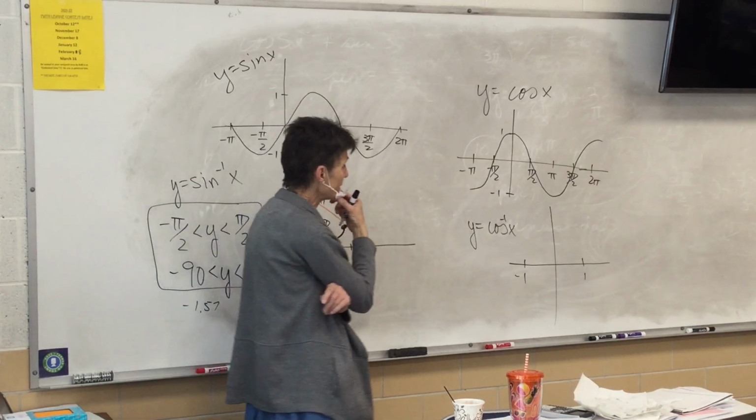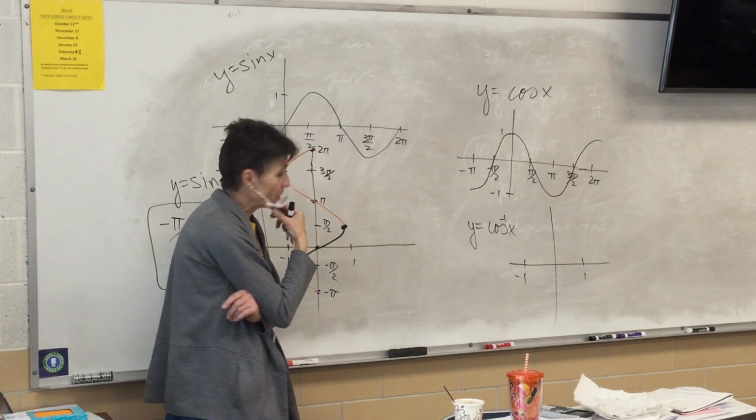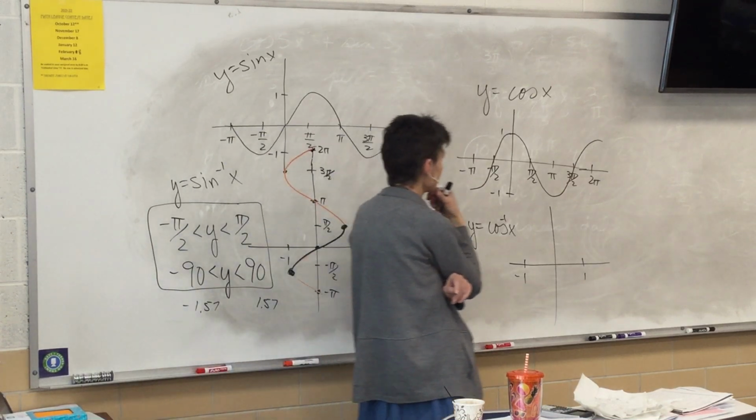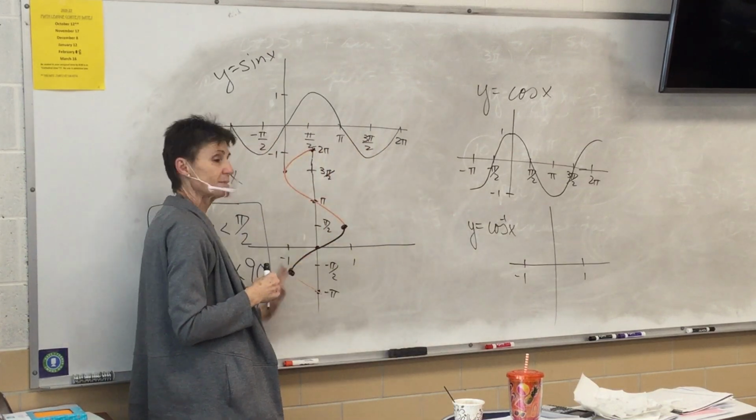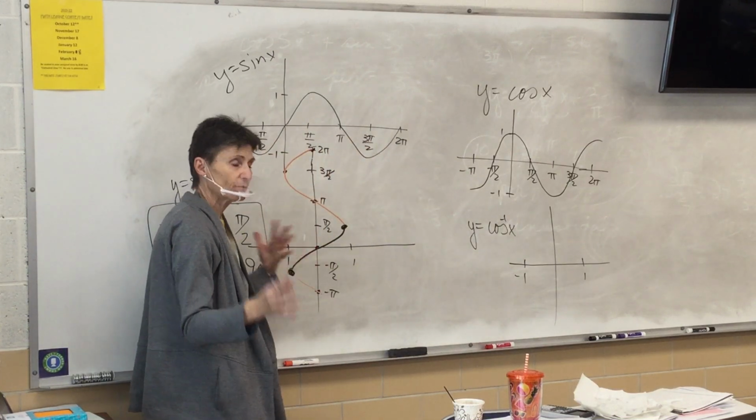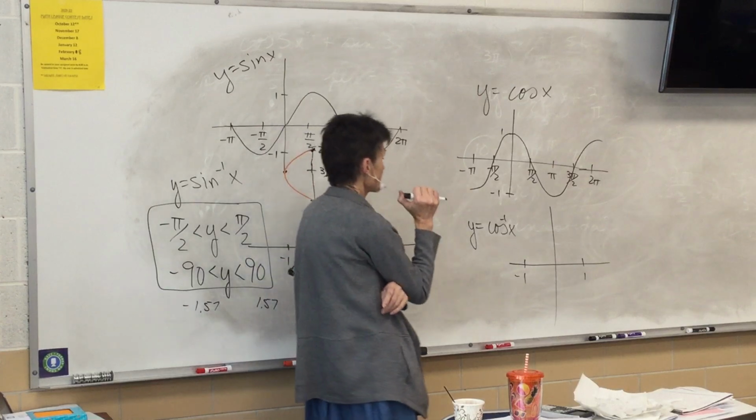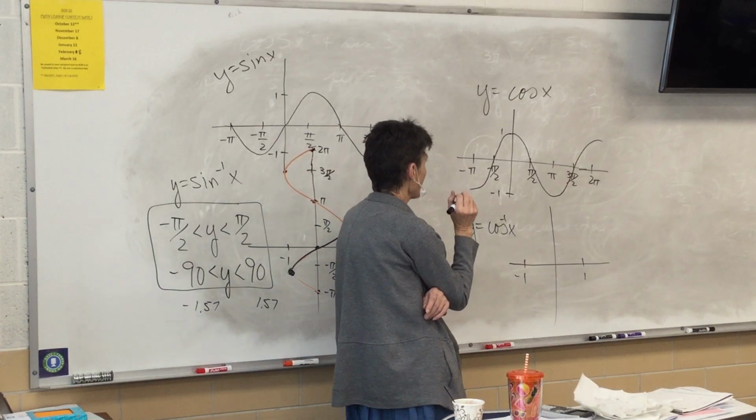So go ahead and switch the ordered pairs and see what shape you get this time. You're going to get this same basic shape, but of course it'll be shifted. So let's see if we can figure out how to shift it.